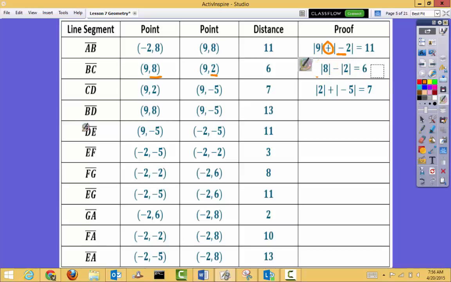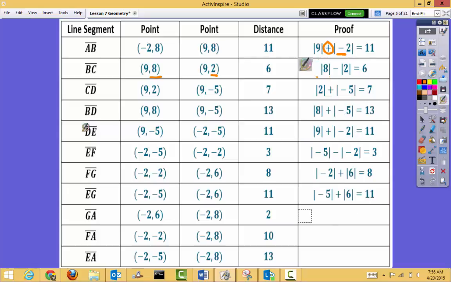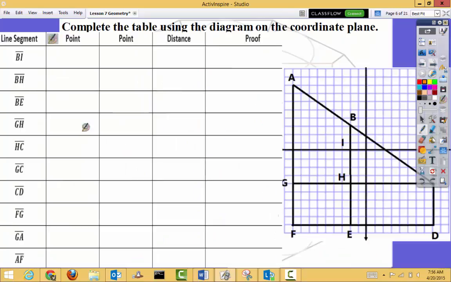I'm going to do the same thing for each of these, and you'll notice it's the same distance as what? The same distance that we got when we were counting. This distance matches that one we got when we were counting. All right, here's your turn. I want you to complete the table using the diagram and the coordinate plane.